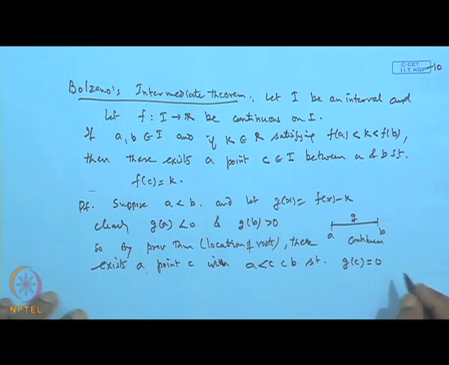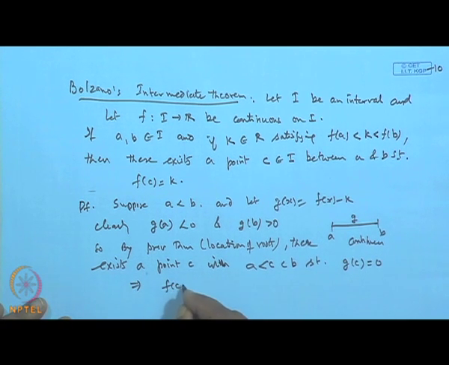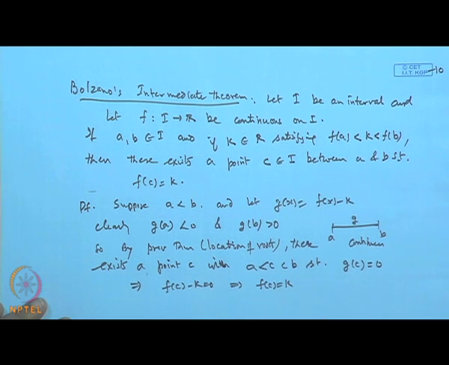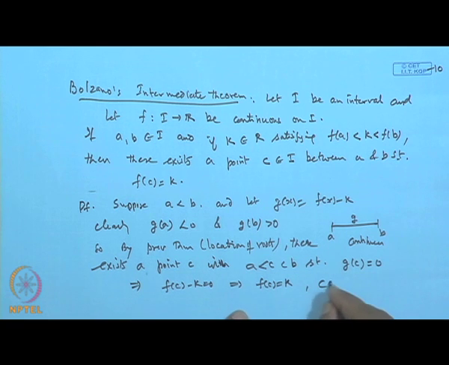But what is g(c)? g(c) is nothing but f(c) minus k, which is 0. So, this implies f(c) is equal to k. So, there will be a point c available in I where the value k is attained by the function.